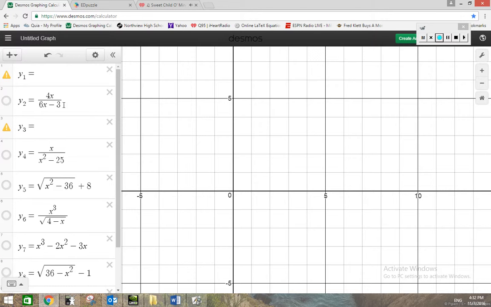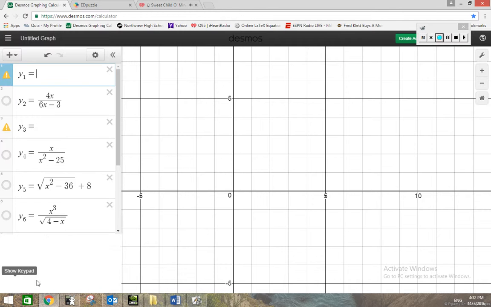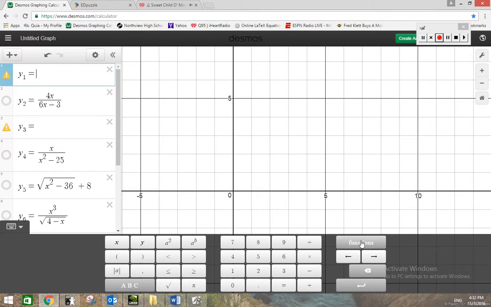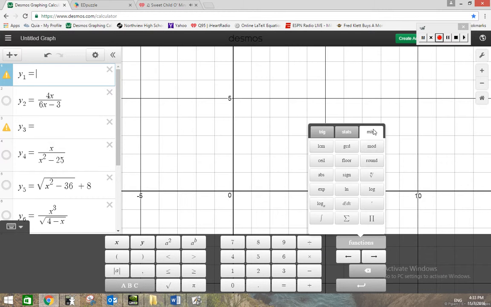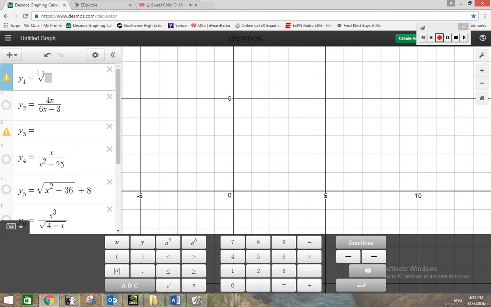So the fourth root. If I look here in functions and miscellaneous functions, I see right here that they have a root and they have an index there. If I hit that, it's asking me what index do I want. Well, I want a fourth root, so I hit a 4 there.